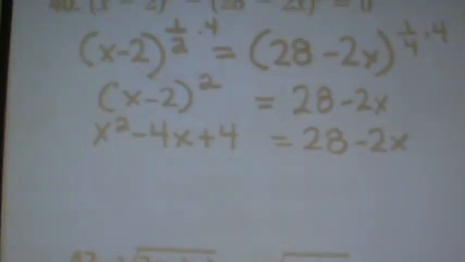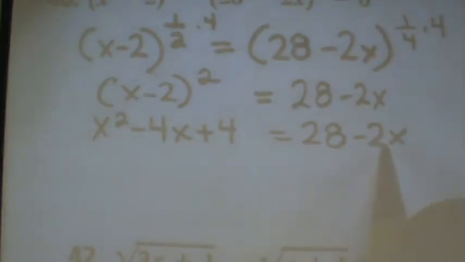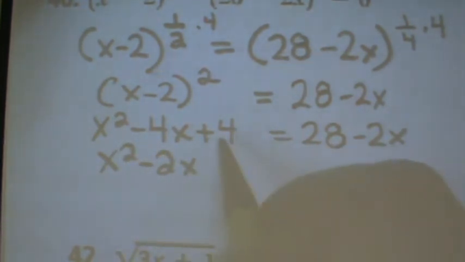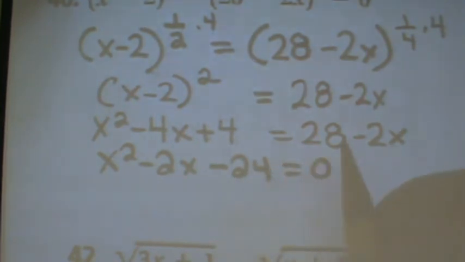Anyone have an idea what to do next? We have an x squared. Get a 0 on one side and factor. So I would add 2x here, and I'm gonna subtract 28, I'm gonna get negative 24. Did everybody see that? I did that in my head. Questions on that so far? Now, what am I gonna do?